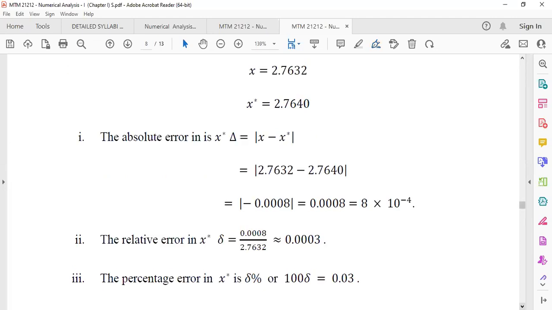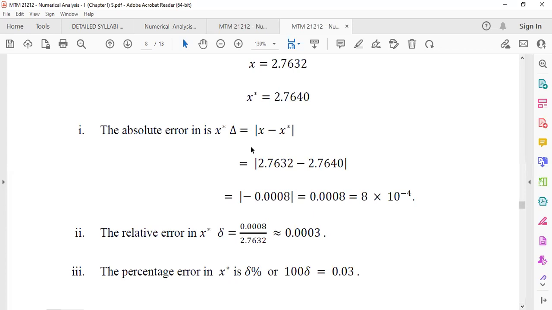If you see the absolute error, delta is equal to the modulus. Please follow these steps of answering. Don't just give digits, write nicely. You can even copy. Even in the exam, we are expecting a nice answer like this. So the absolute error in x star will be delta equal to modulus of x minus x bar.